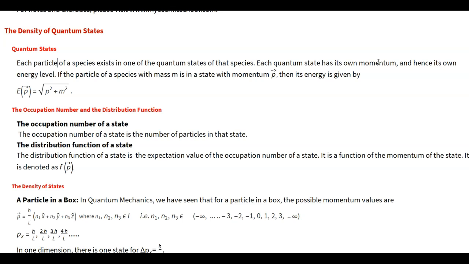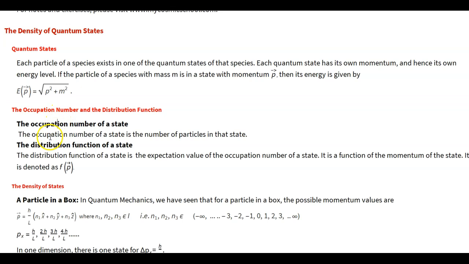If there are infinite quantum states, infinite momentums. So every quantum state has its own momentum and hence its own energy level, because energy is a function of momentum. So if a particle of a species with mass m is in a quantum state with momentum p, then its energy is given by this expression.